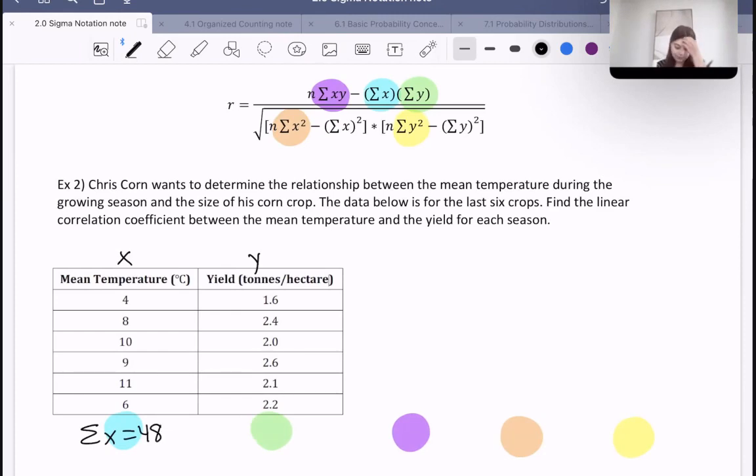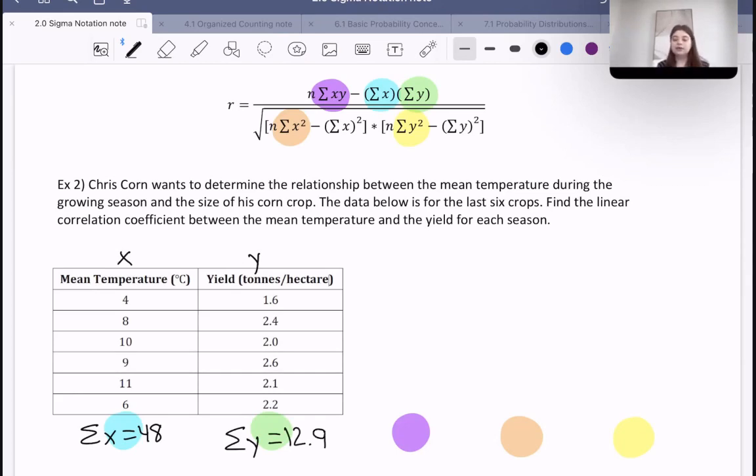Good. All right, the next one is we must add up all the y values. So what do we get if we add up 1.6 plus 2.4 plus 2 plus 2.6 plus 2.1 plus 2.2? We are going to end up with 12.9. So this is going to be 12.9.